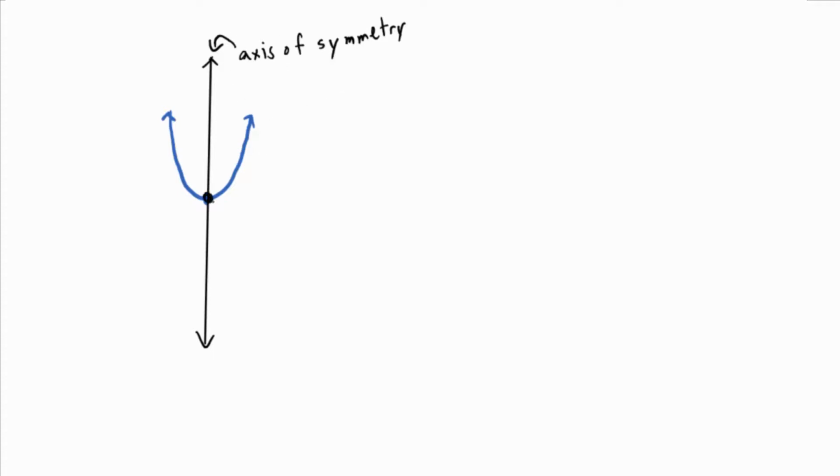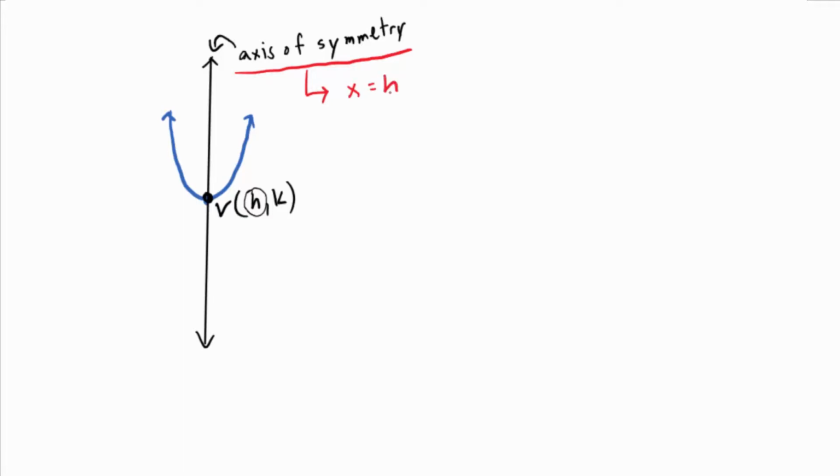If you know that the vertex, V for vertex, is (h, k), remember, the equation of any vertical line is x equals a constant. Whatever its horizontal position is, it's x equals that constant. And we know the horizontal position in terms of the vertex. It's h. So anytime you're asked to find the axis of symmetry, you're asked to find the equation. The equation is x equals h.